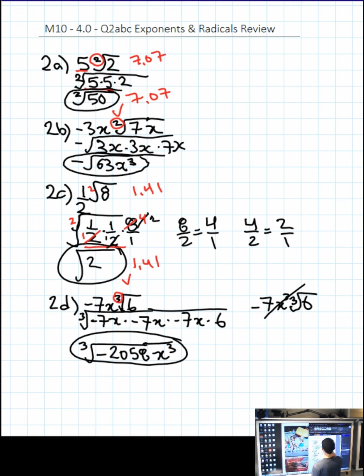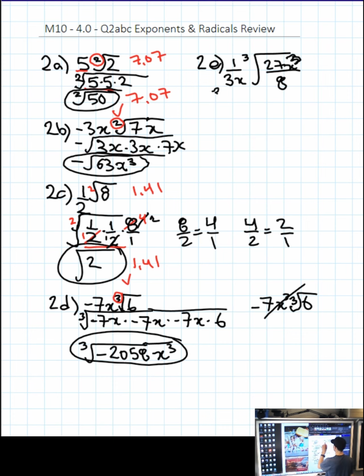Okay, at the top right of the page, let's do 2e. So 2e says 1 over 3x cube root of 27 x cubed over 8. I'm going to make that look more like a 3. Great, so we have a cube root, so we're going to be putting 3 of these things on the inside.